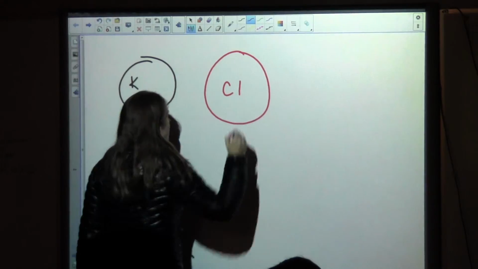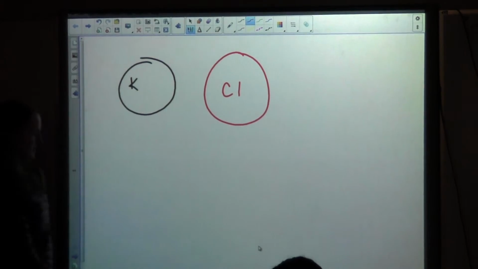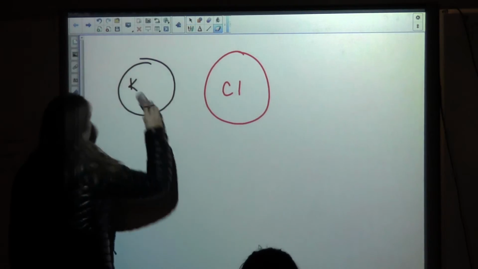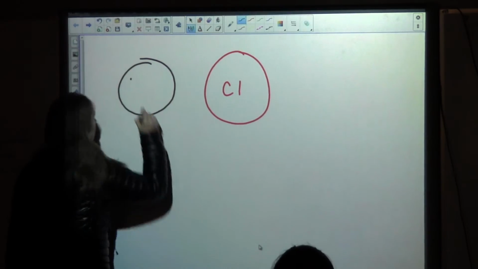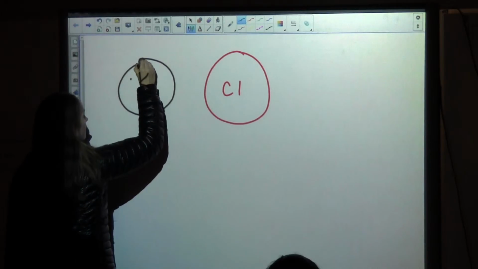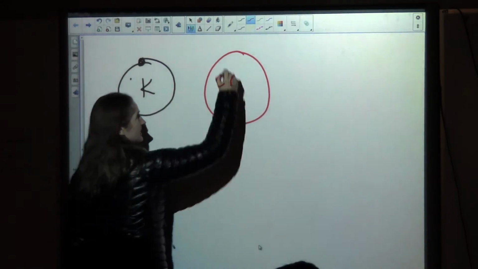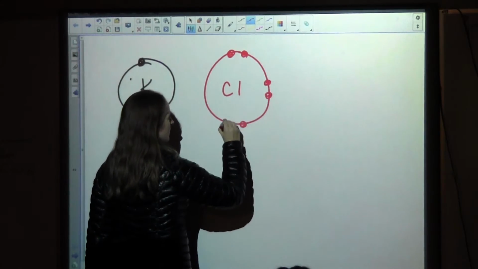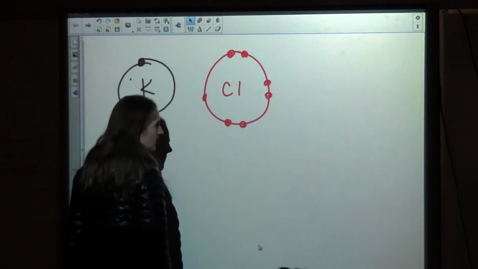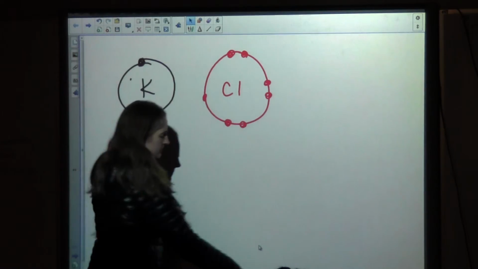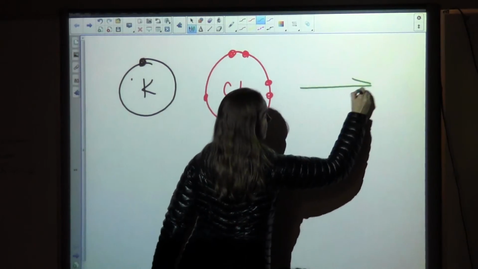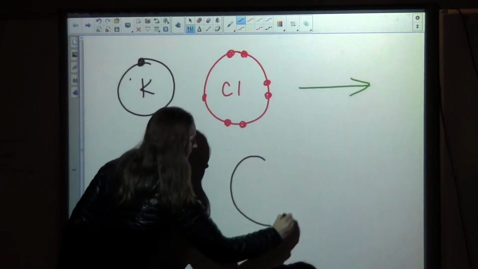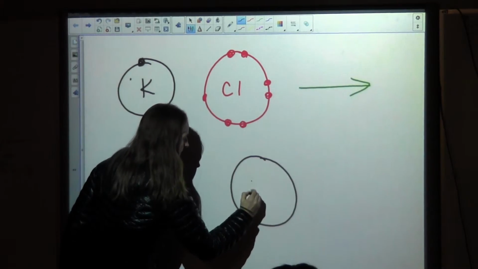So how many valence electrons does potassium have? One. So draw your one valence electron for potassium. How many valence electrons does chlorine have? 7. So draw your 7 valence electrons for chlorine. Your choice. You can spread them out if you want to.